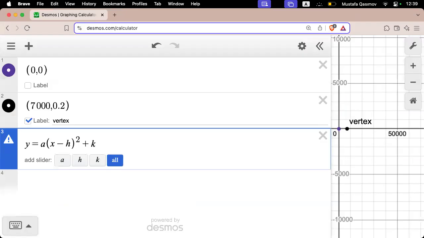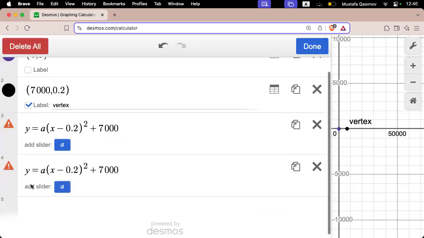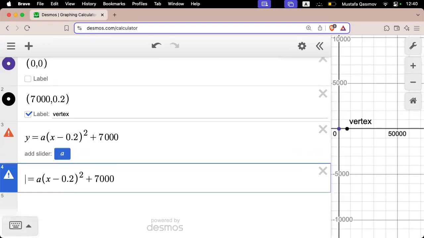Okay, then let's write 0.2 instead of A. Then let's write 7000 instead of K. Then let's write it like that. It is 0. It is 0. You can find the value of A like that.